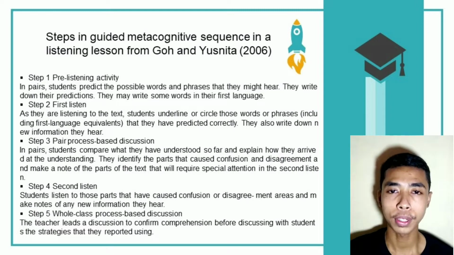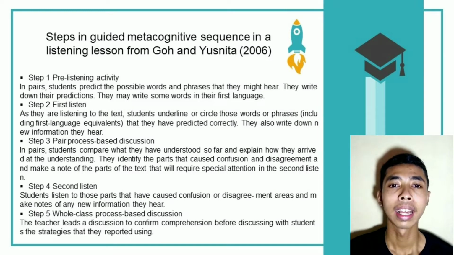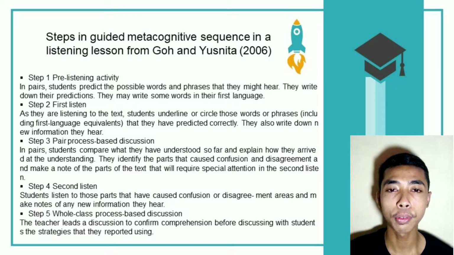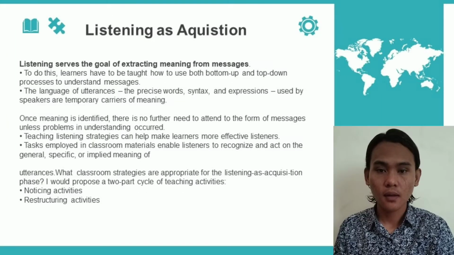After that, the fourth step is the second listen. The students will listen carefully to the part of the special words and make new notes of the special words. And in the last step, the teacher will hold a discussion with the students about the strategy that they used and check again the students' understanding of the materials.